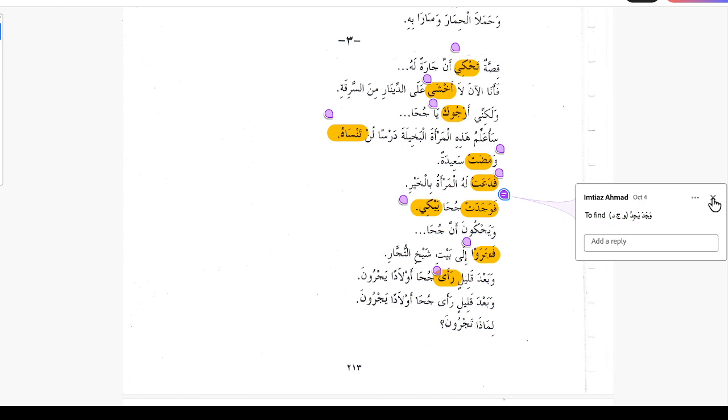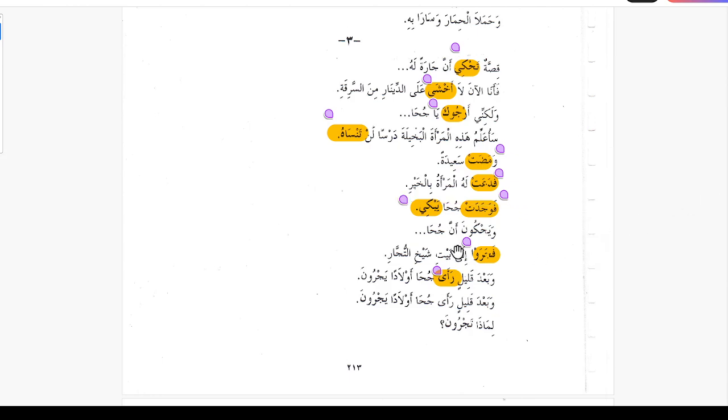The root letters of wajada are waw, jim, and dal. Yabki is the verb baka yabki, to cry. The root letters of baka are ba, kaf, and ya, to cry.